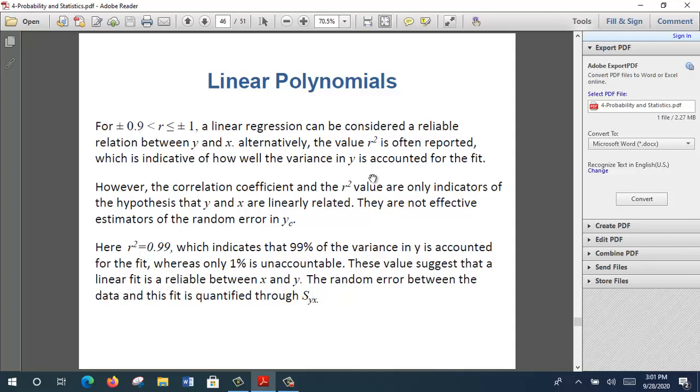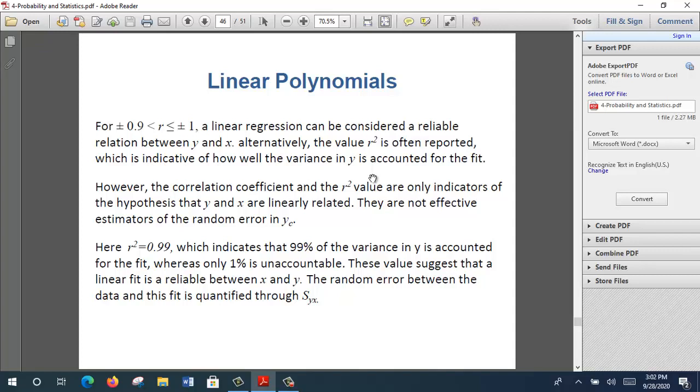However, the correlation coefficient and the r square value are only indicators of the hypothesis that y and x are linearly related. They are not effective estimators of the random error in y. So you calculate the r square value just to know the hypothesis that y and x are linearly related to each other, not to determine the estimator of the random error.